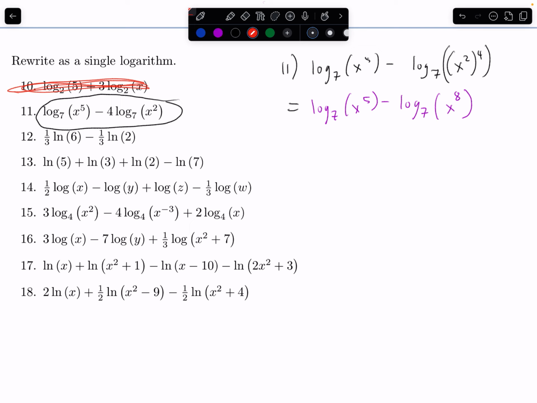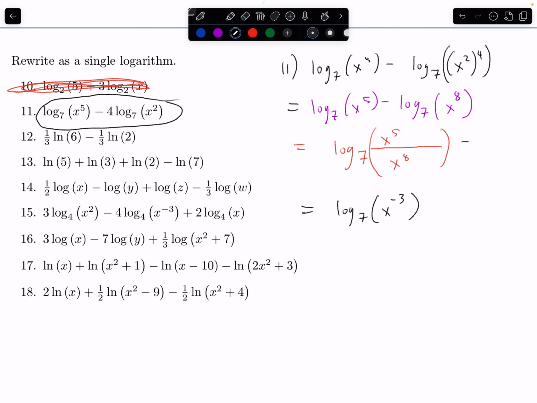Difference of two logs we write as the log of a fraction. So this is log base 7 of top number over the bottom number. Oh, but look, they're both powers of x. x to the 5th over x to the 8th. We can actually simplify that, can't we? So that's log base 7 of x to the negative 3, because I get 3 more on the bottom.